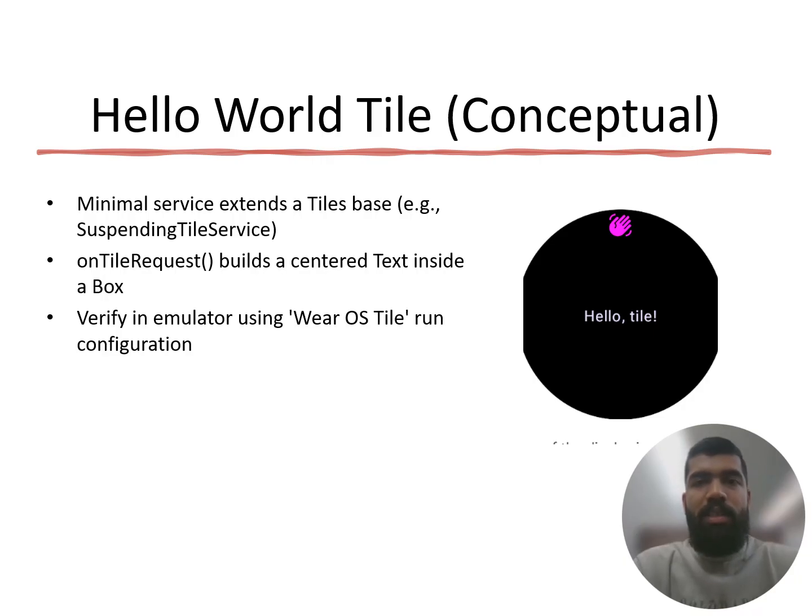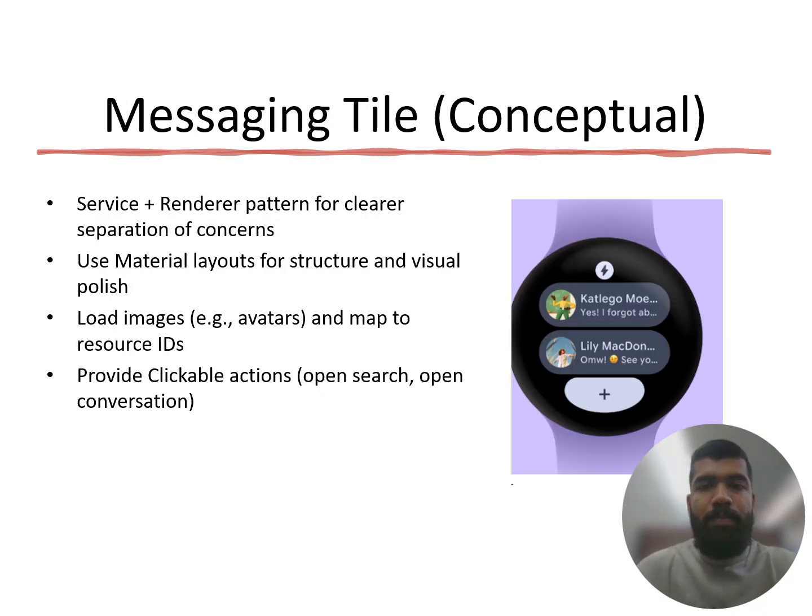This is the first step in a code lab, the sanity check of whether your setup is working or not. We will see more about this Hello World tile when I show you the live demonstration within Android Studio.